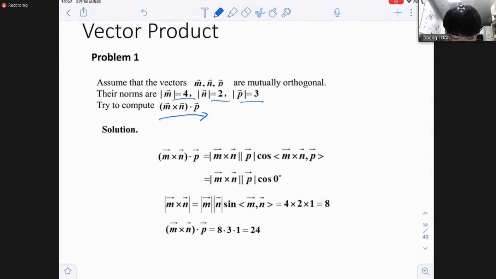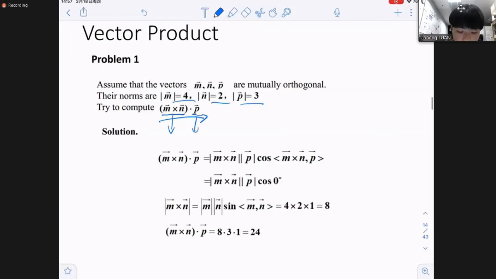For example, you can see that M cross N is a vector, and also P is a vector. The first thing you need to do is to ensure their direction, because they are mutually orthogonal.